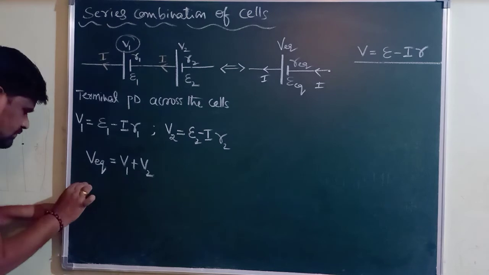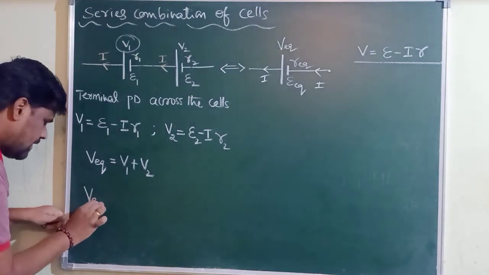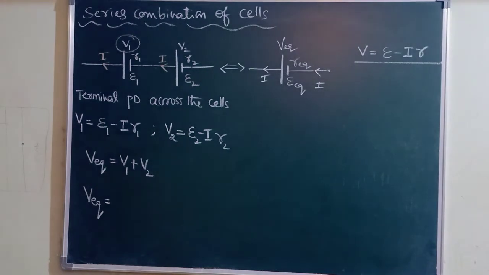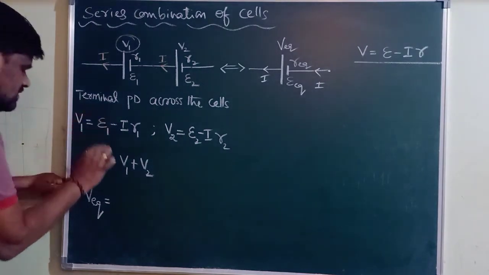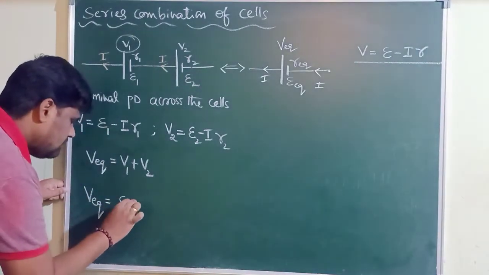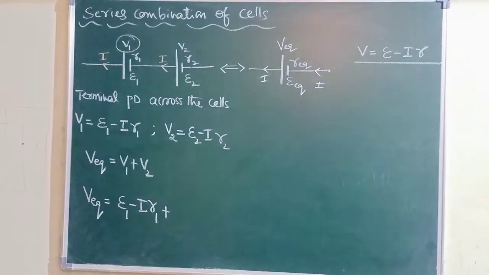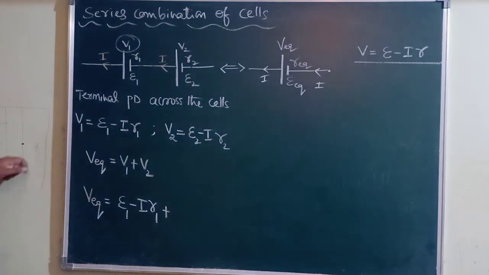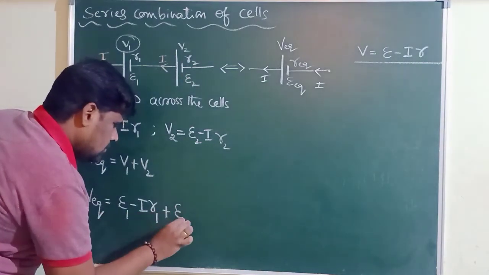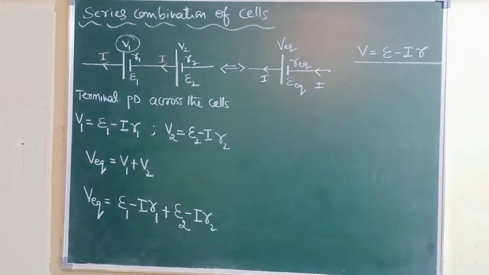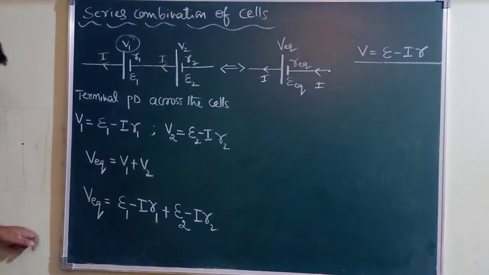Substitute the values. V equivalent equals V1, which is E1 minus IR1, plus E2 minus IR2.